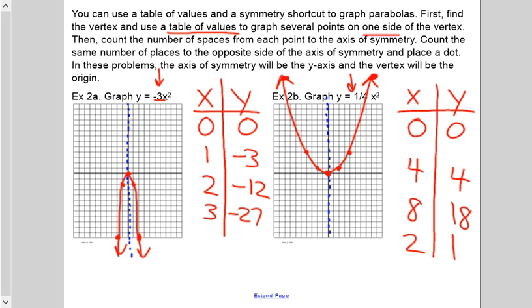But the number A also tells us something else. In example 2a, we've got a 3, and we got a very narrow graph down here at the bottom. In example 2b, the number was 1/4, and we got a very wide graph. That's going to tell us something. As we just saw in example 2, the leading coefficient A affects the width of the parabola, and it affects the direction that it opens.